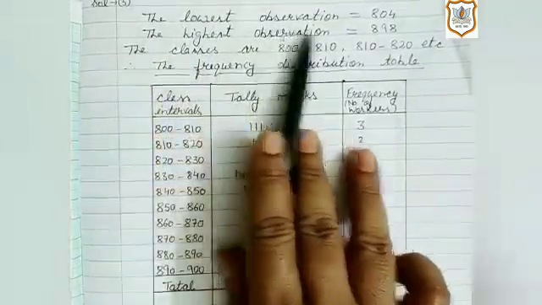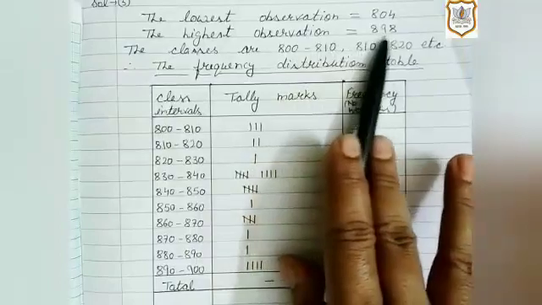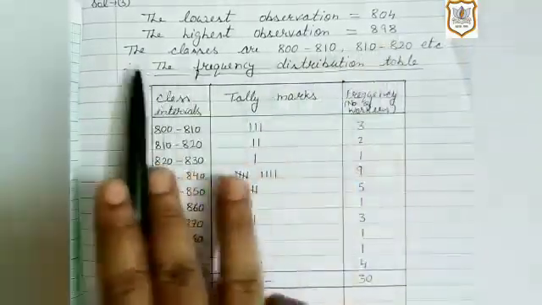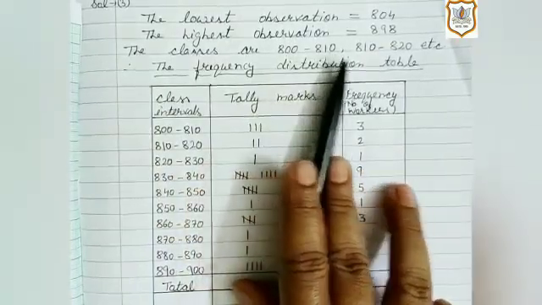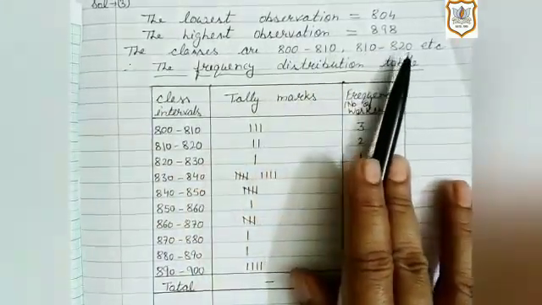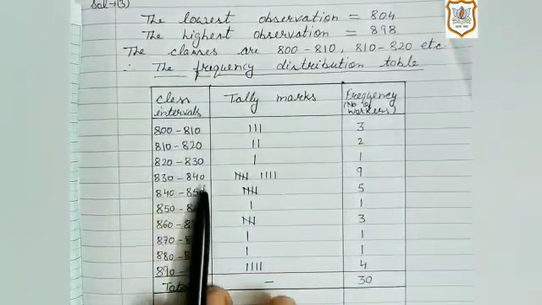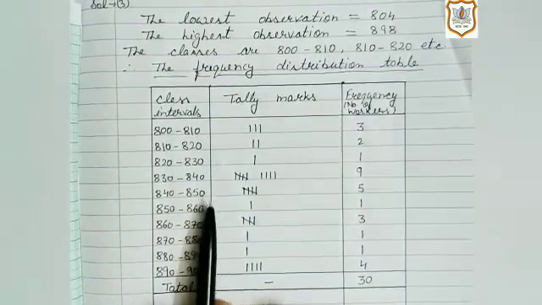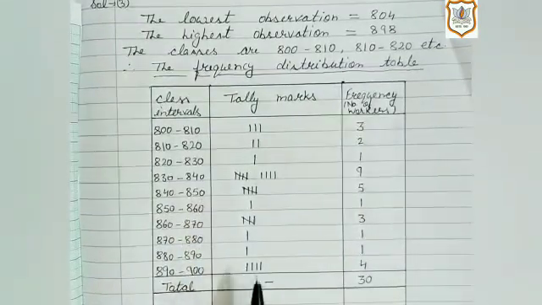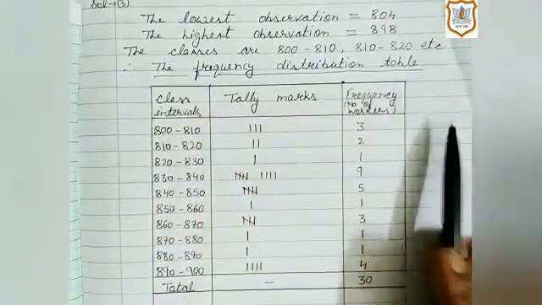The lowest observation is 804. The highest observation is 898. The classes are 800 to 810, 810 to 820, 820 to 830, 830 to 840, 840 to 850 and so on. Students, I have made the frequency distribution table.